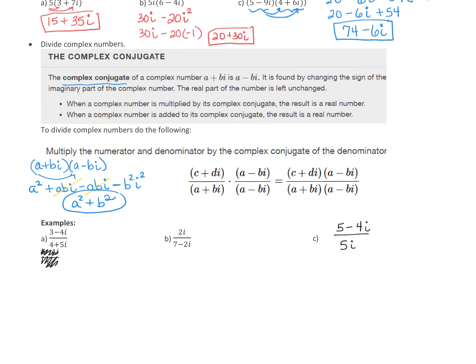And let's take a look at how we would divide these complex numbers. Because we don't like to have a radical in the denominator, and an i is actually a radical, we want to make sure that we don't have an i in the denominator.